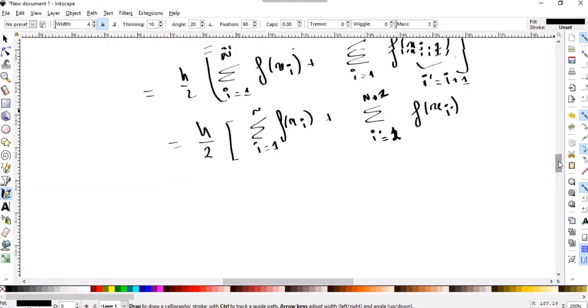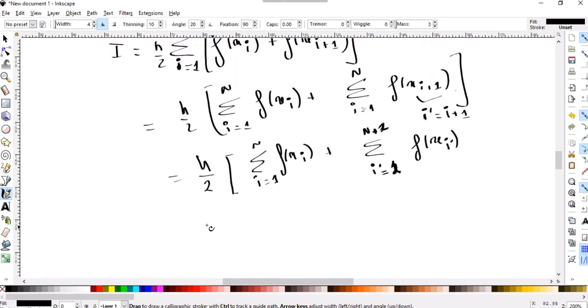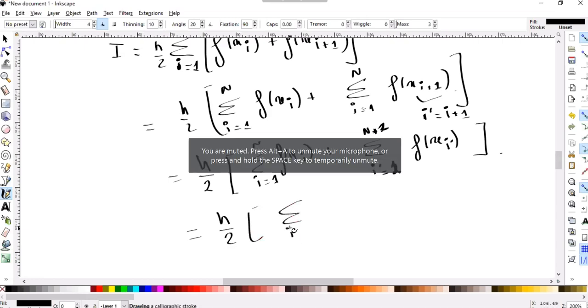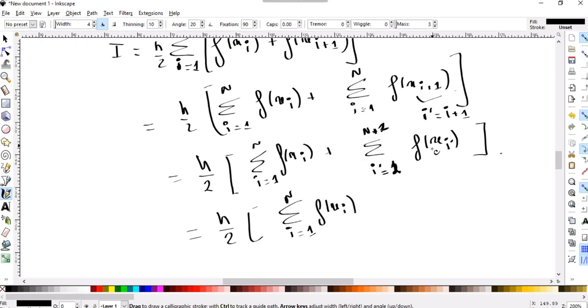Okay, so now here what I will do is that I will extract the f of, so I want to express this quantity as this one, because you can always recast here i prime is equal, I can re-express this like this, instead of i prime I will reuse here i, so it's the same thing.